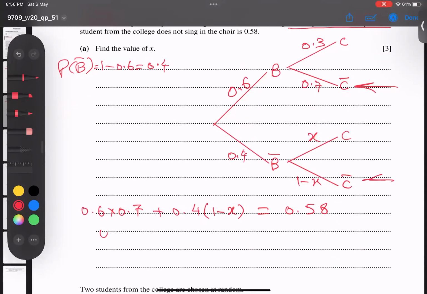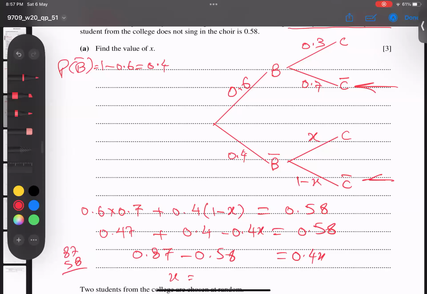This is becoming 0.42 and this is 0.4 minus 0.4x and 0.58, and 0.4x goes to the right hand side, 0.4x and 0.47. This is becoming 87 and minus 0.58. And then I will divide it. So we're getting... wait a minute.